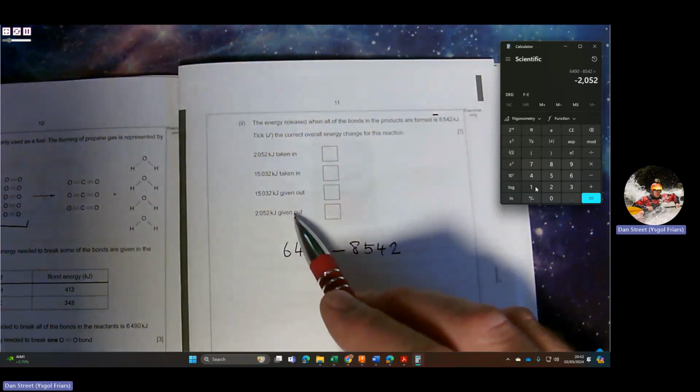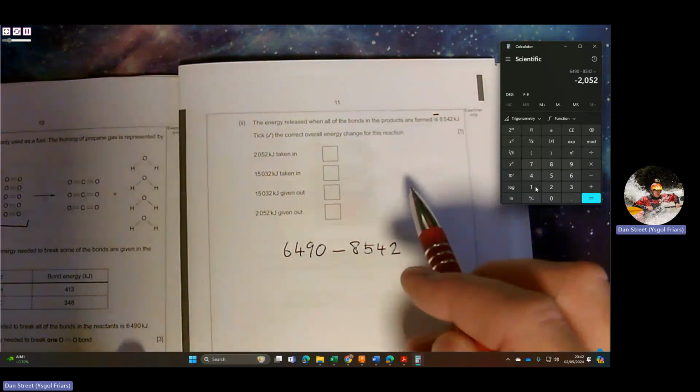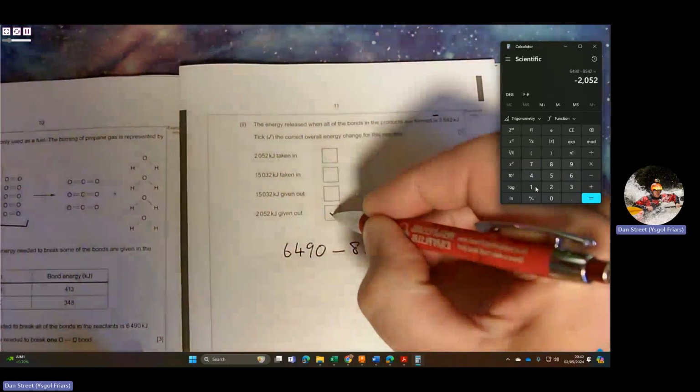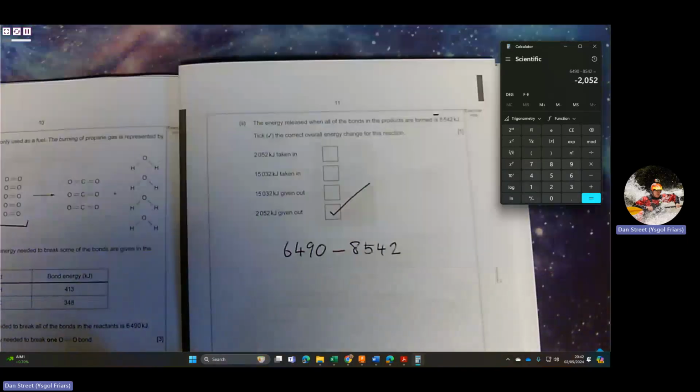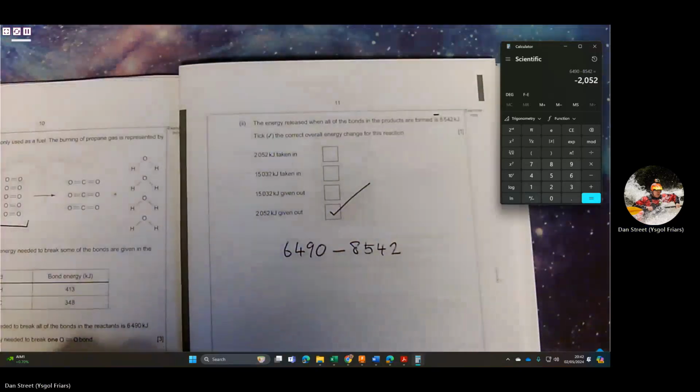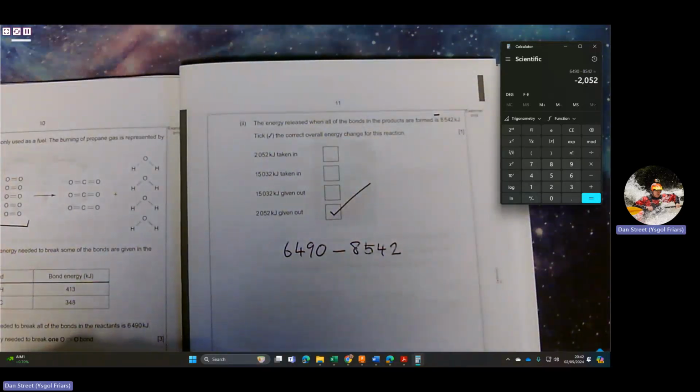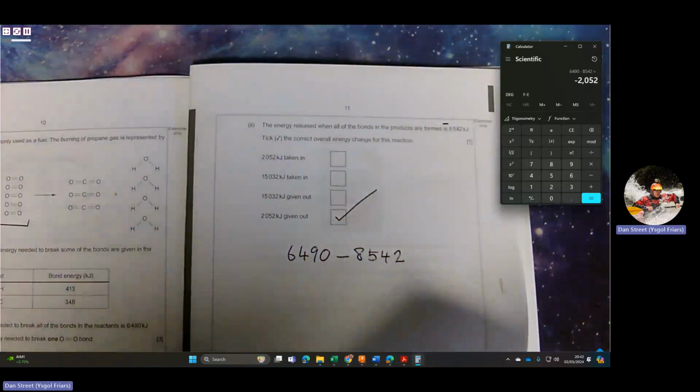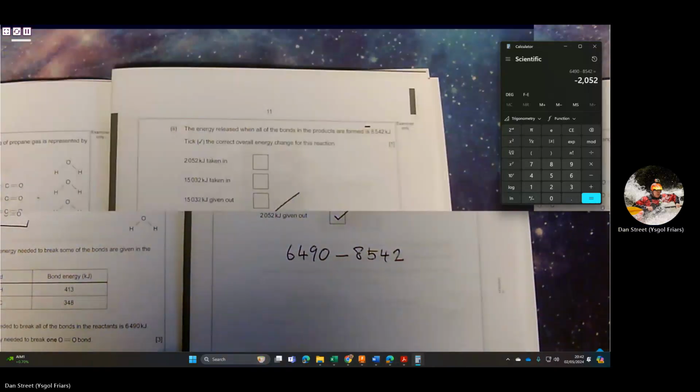So it's given out from the molecules into the surroundings. Okay, so it's that one there. So that was a question on energetics.